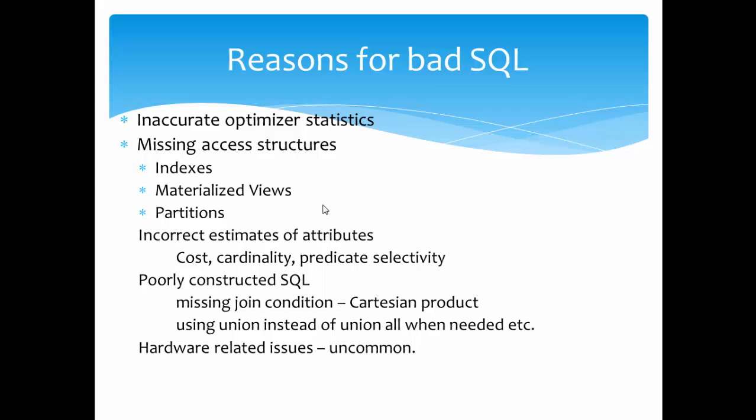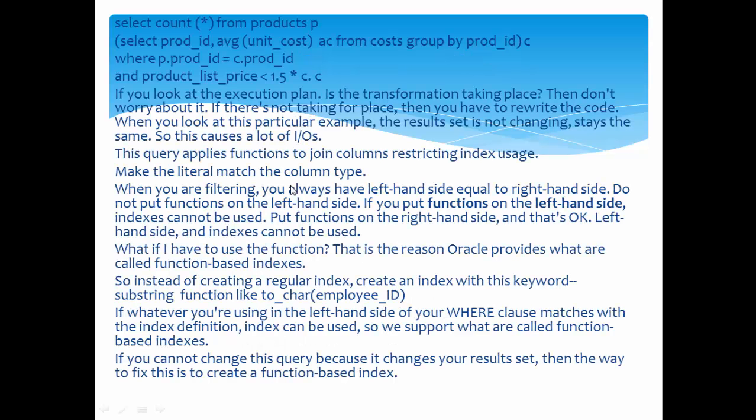Hardware related issues are very uncommon. If you look at this select statement: select count(*) from products P, (select prod_id, average unit_cost as AC from cost group by prod_id) C where P.prod_id equal to C.prod_id and product list less than 1.5 into CC.